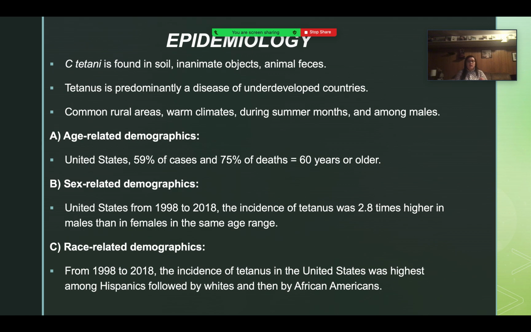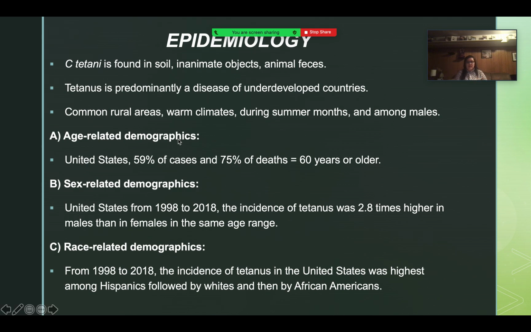It is common in areas where soil is cultivated, in rural areas, warm climates, during summer months, and among males. In countries without a comprehensive immunization program, tetanus predominantly develops in neonates and young children.